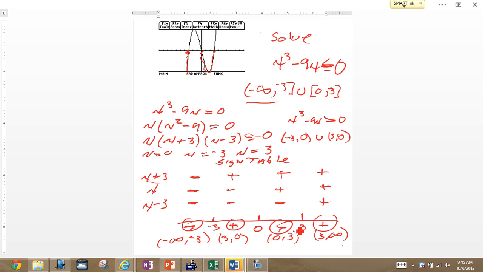Then we take a sample value within each region, apply it to the factor there, and determine whether it's positive or negative. Then we take the product of those signs going downward, and from it we determine whether the graph will be positive or negative within those regions, which enables us to answer the question that has been posed from the beginning.